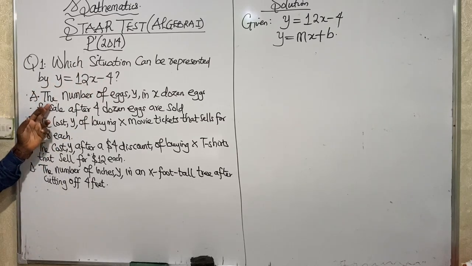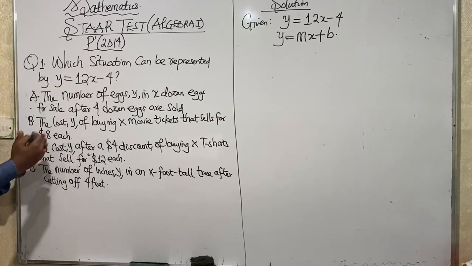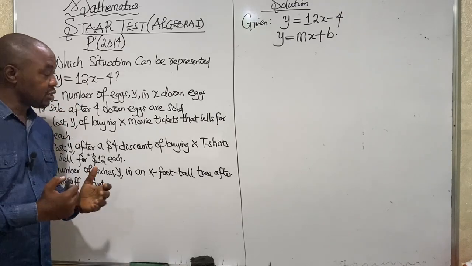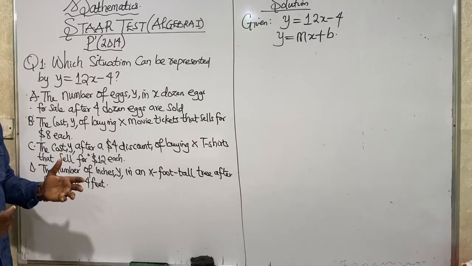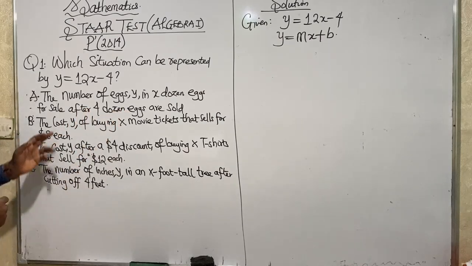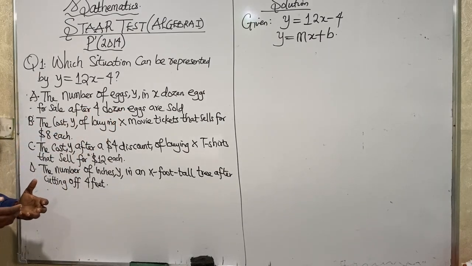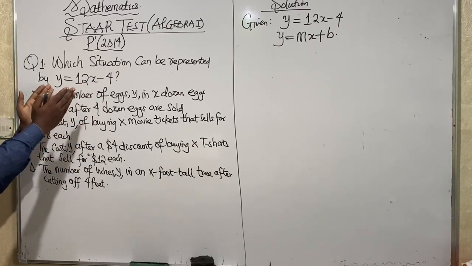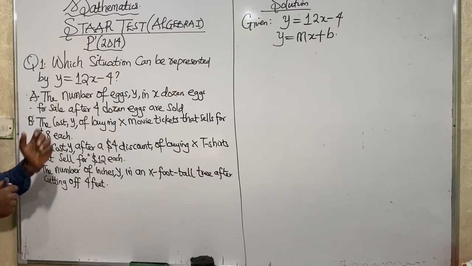All right, so the first verbal statement reads: the number of x y in x dozen eggs for sale after 4 dozen eggs are sold. Now this does not explain why we have this equation. Why?